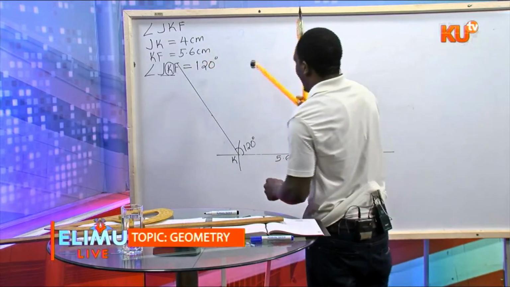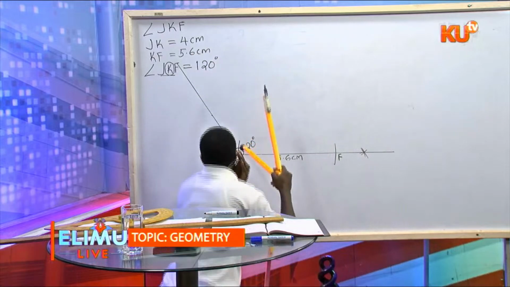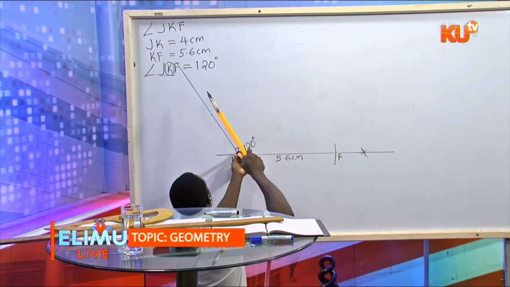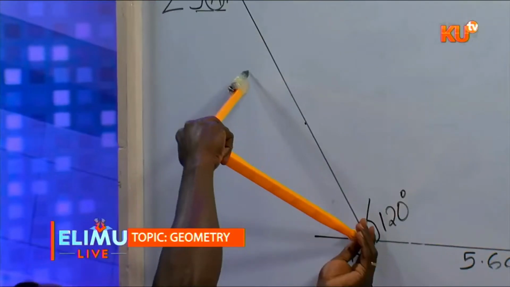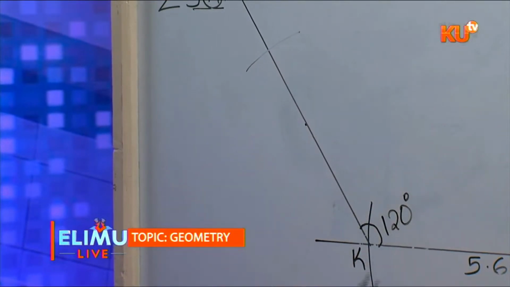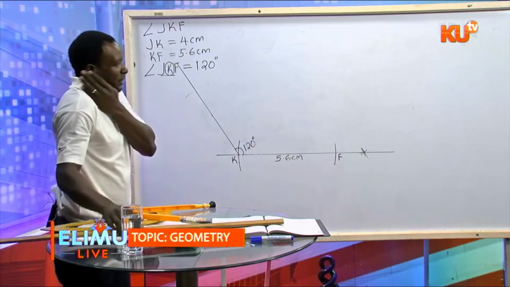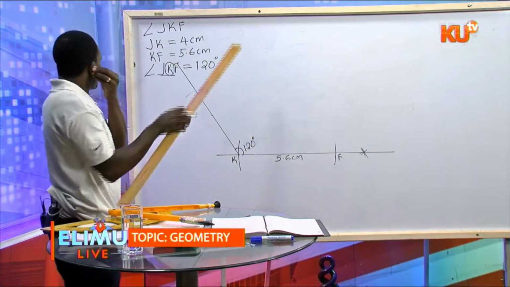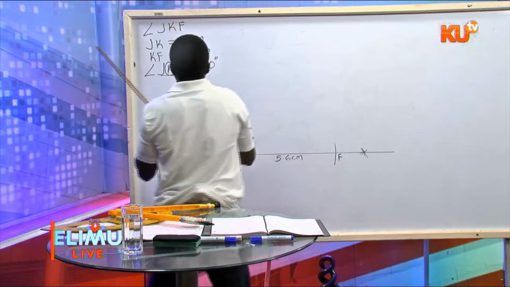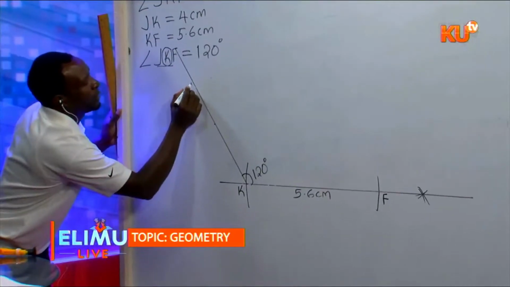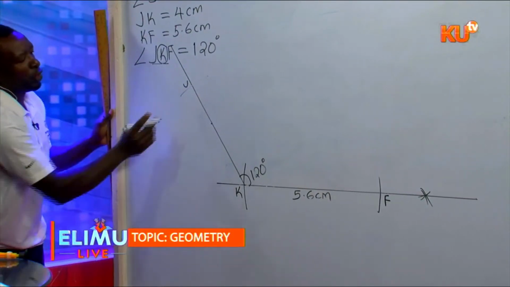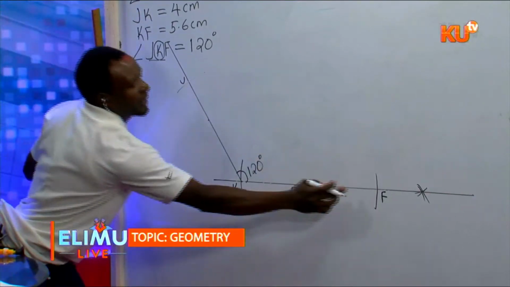Come to where we have K. Put the compass point here at K. Put an arc there. After putting that arc, take your pencil and join. This is the point now we call J. Join J and F.